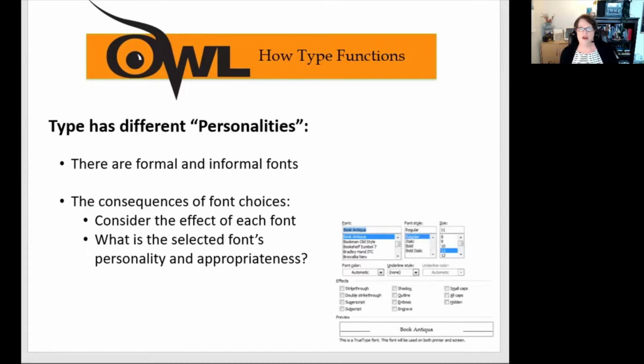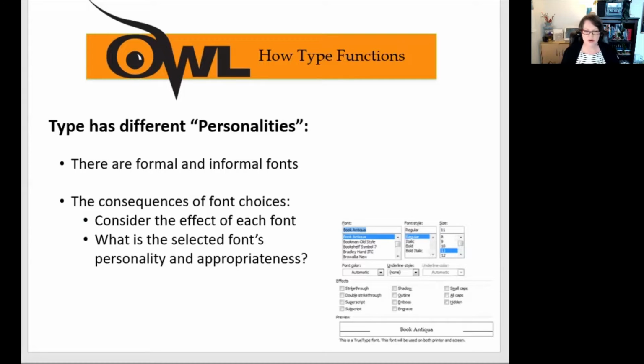So let's talk about how type functions. Text is so highly visual that its visual nature and power are often overlooked. However, it's important that when you're designing, you understand how type functions and what it does before making decisions about the use of a certain font.